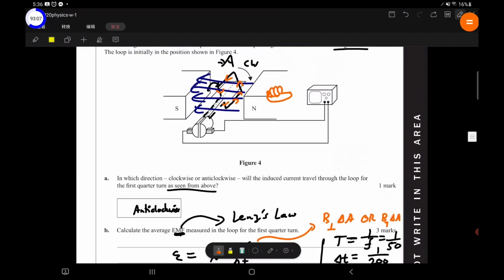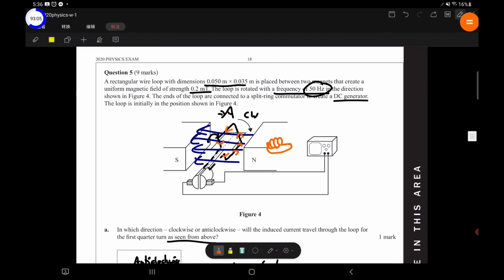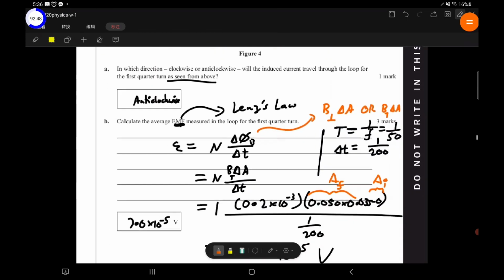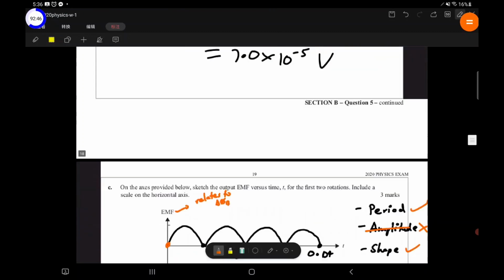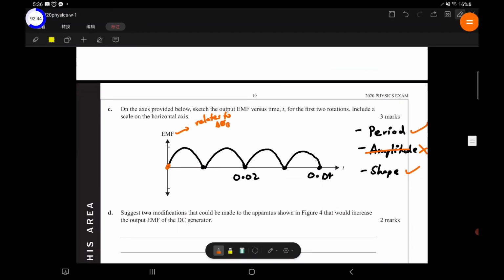The problem is the coil is starting at a horizontal position. That's actually where you have a maximum change in flux, because that's where you're going from a decreasing flux to an increasing flux. Your direction in the flux swaps around at the horizontal position. So if you assume that the coil is rotating all around, then the change in flux is actually at a maximum value at the horizontal position.